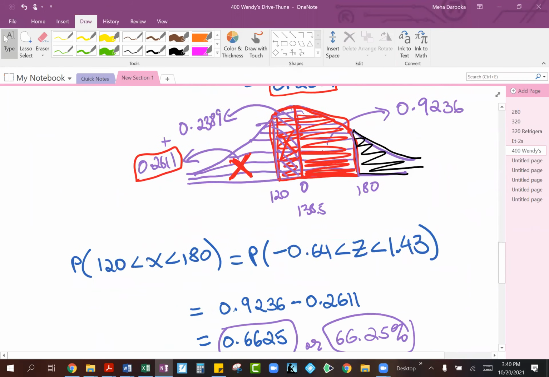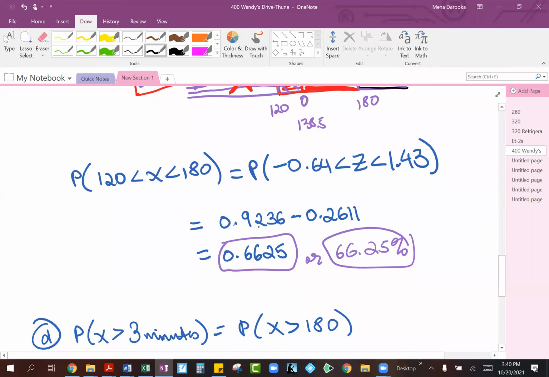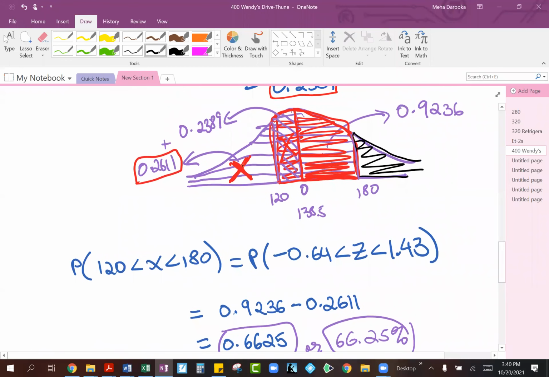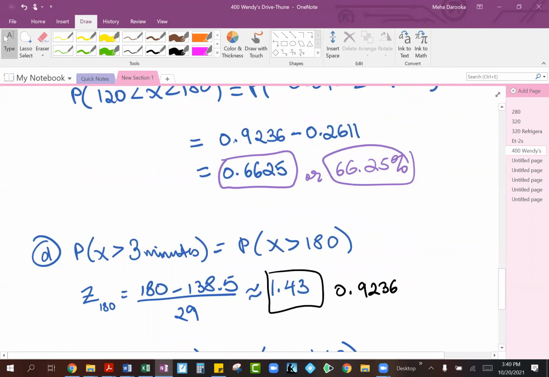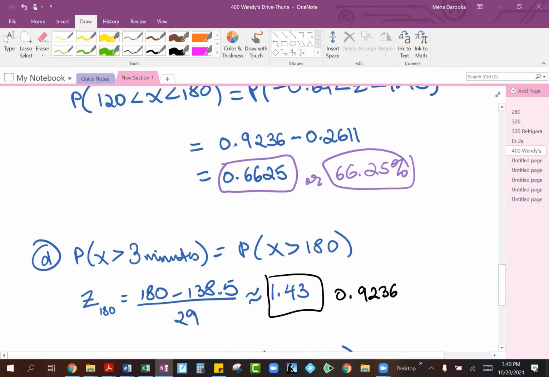And then to calculate the area between 120 and 180, you took the value you got from the table of 9236, and from that, you subtracted this left-hand area of 2611 that we were going to discard. And that gave you the probability or area between 120 and 180 seconds. So you can see how the in-between calculation works.